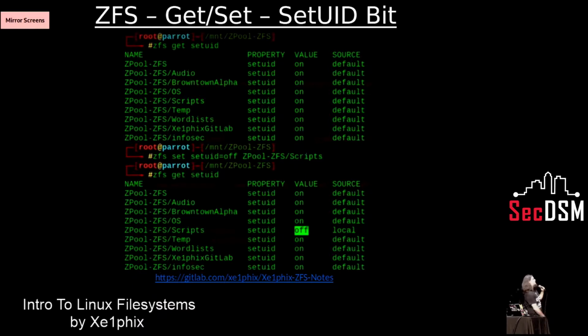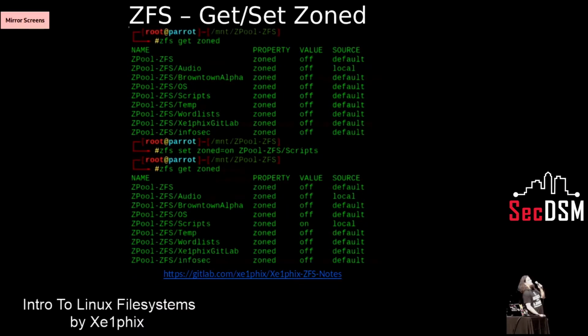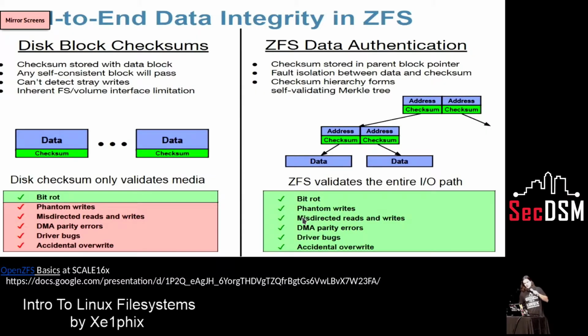Usually you want that off because you don't want someone that's not you executing code. Then get or set zoned attributes. Here it was off and then I turned it on.